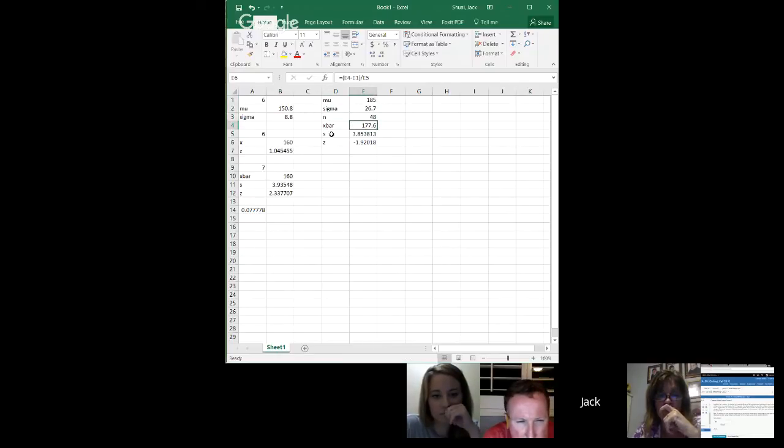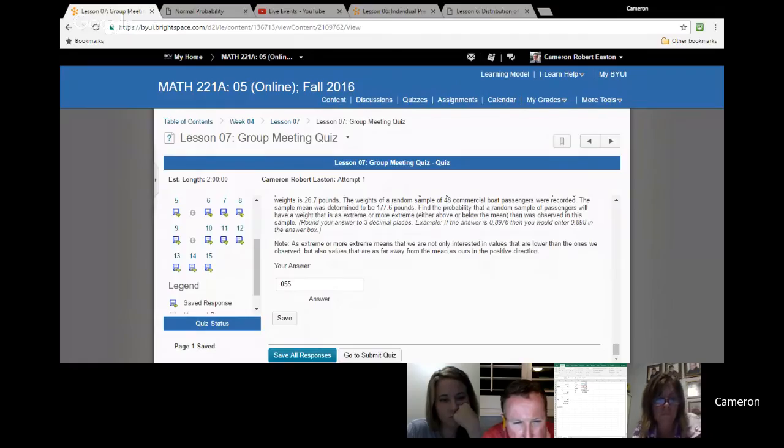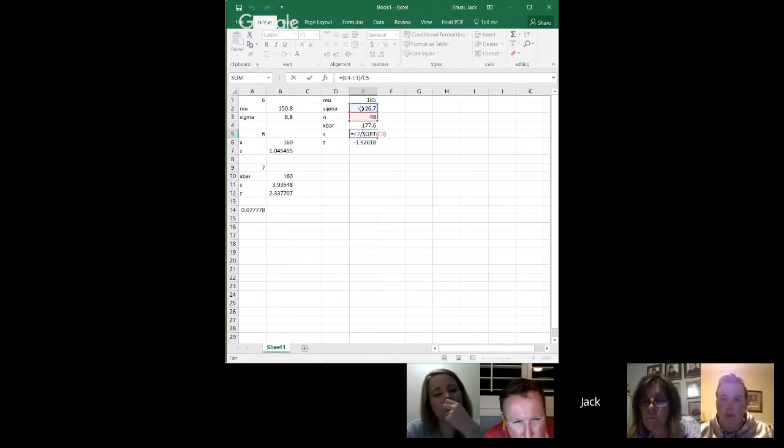Now, for our sample, we know the sample size is 48 and the sample mean is 177.6. Now we need to find the sample standard deviation, represented by S. That's the formula right here: the parent standard deviation divided by the square root of the sample size.